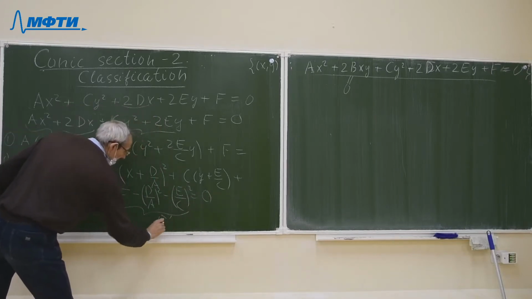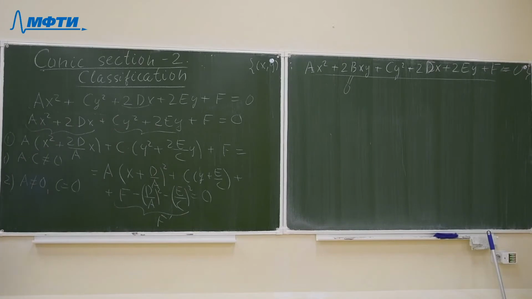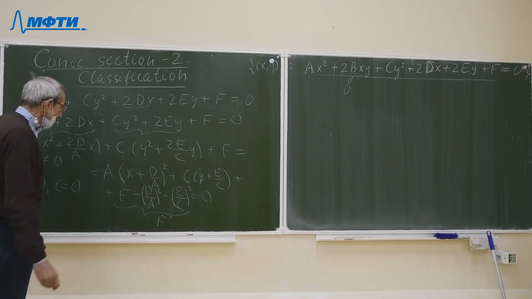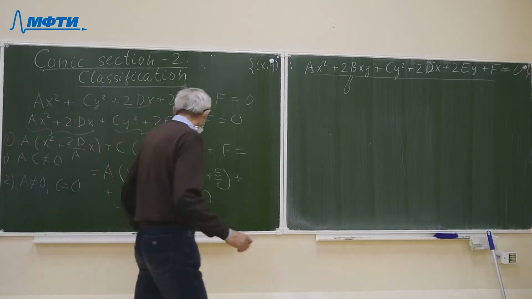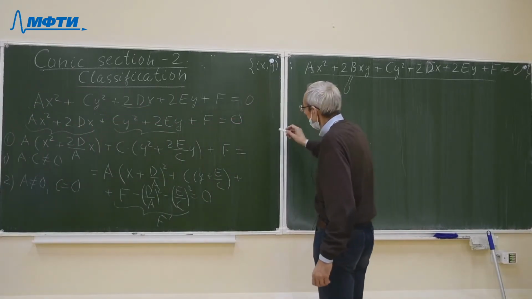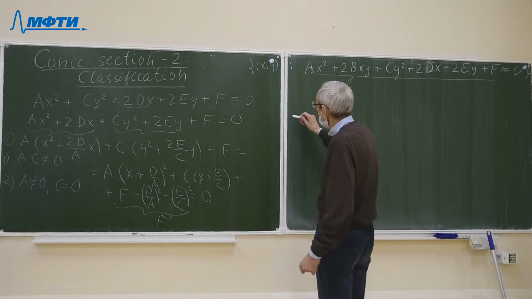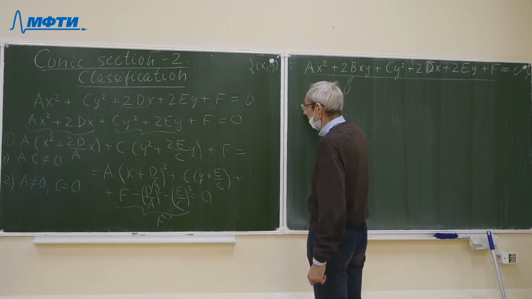Let's denote the last term in this sum by f prime, and we reduce this equation to the following form.